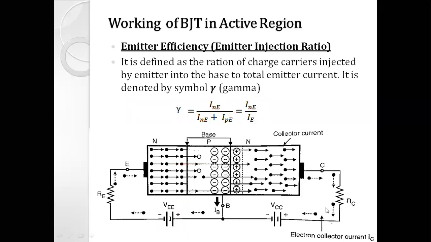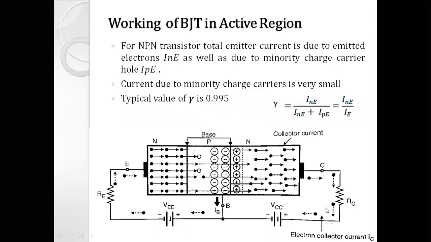Moving ahead, a typical value of gamma. The notation used to define this emitter efficiency is gamma, and the typical value of gamma is 0.995.